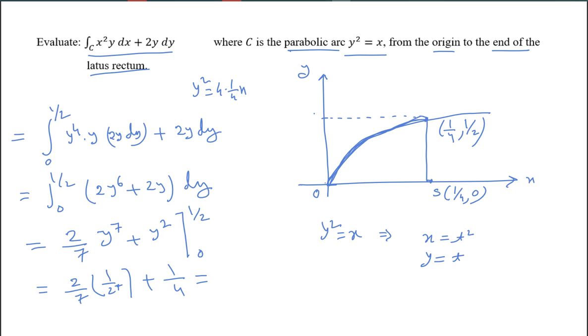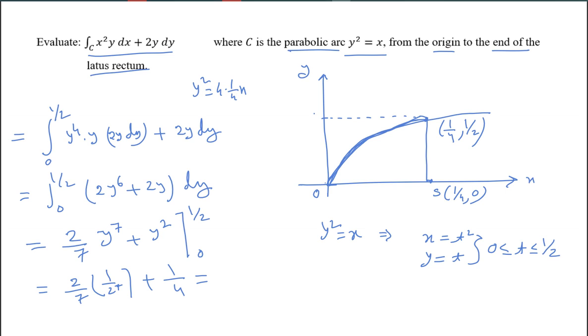What is the range of t? When it is 0, 0, t is equal to 0. When it is 1 by 4, 1 by 2, x is equal to 1 by 4 and y is 1 by 2, so t is 1 by 2. So t ranges from 0 to 1 by 2.